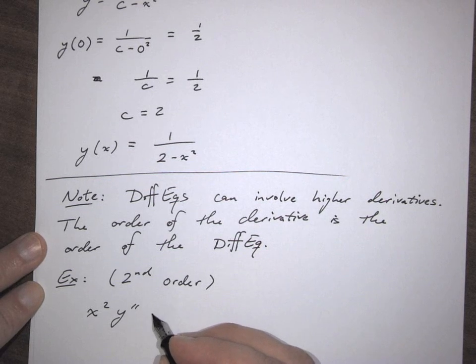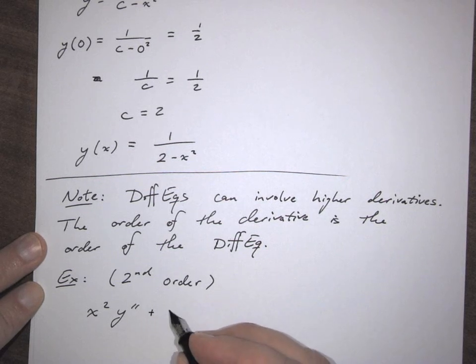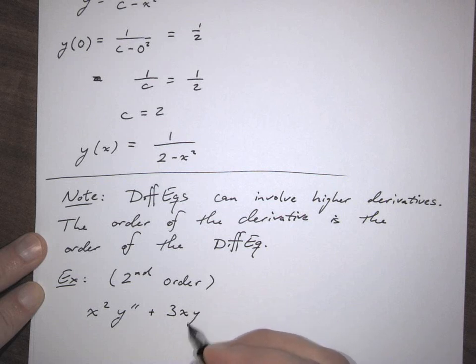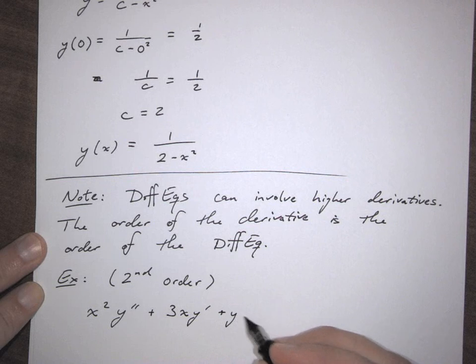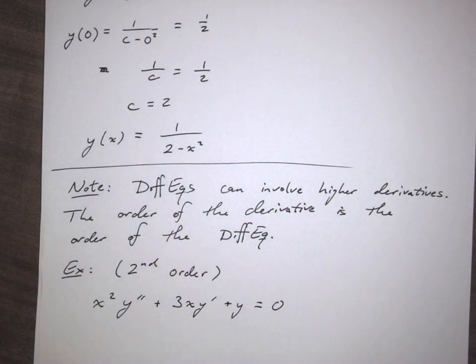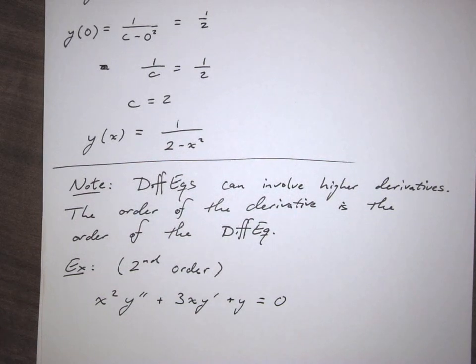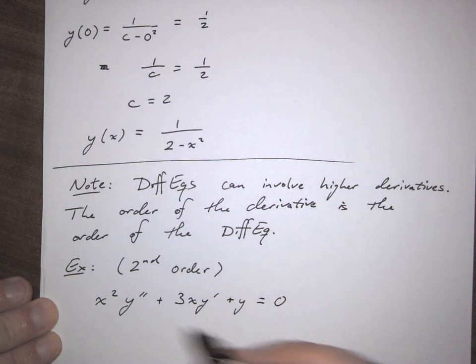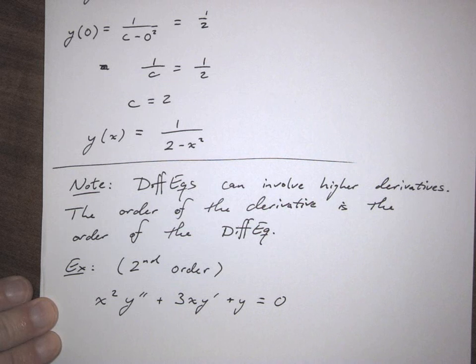So we could have something like x squared y double prime plus 3x y prime plus y, so in other words, the zeroth derivative of y, and that all could equal 0. So here's an equation. It involves not just the derivative y prime, but the second derivative y double prime. Now, if I wanted to verify a proposed solution to this, I would have to take its derivative a couple times over and deploy all the derivatives in their appropriate spots and verify that it actually all worked out.